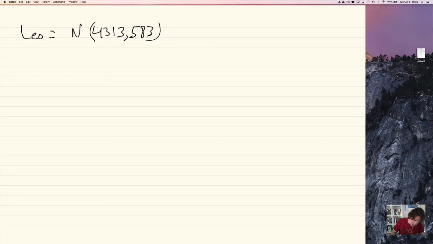So to solve that problem, we know that the distribution in Leo's group is normal with a mean of 4313 and a standard deviation of 583, and the distribution in Mary's group is normal with a mean of 5261 and a standard deviation of 807.